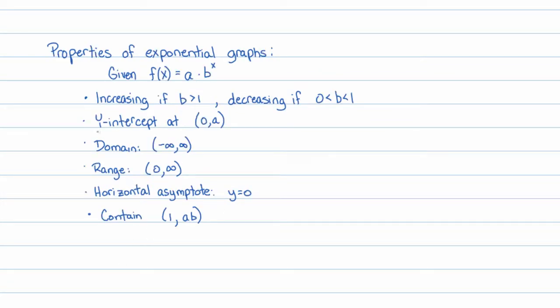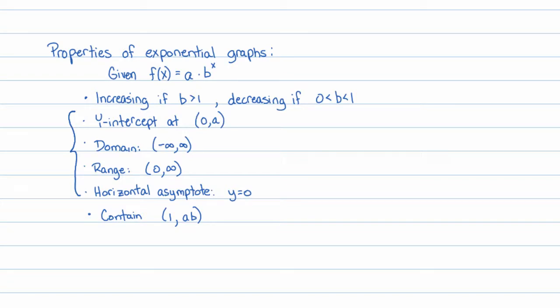The second property, and this is where we start talking about the inverse behavior of the two functions. This core bracket here, you pay attention to the difference between this for the exponential graph and this for the logarithmic graph. Remember, the roles of x and y swap when you get to logarithms. So for exponentials, the y-intercept is at 0, a.